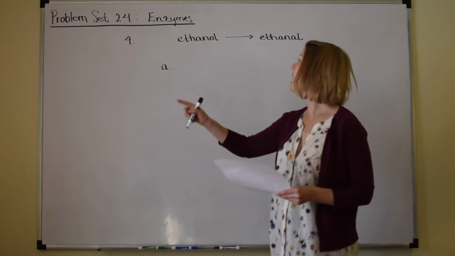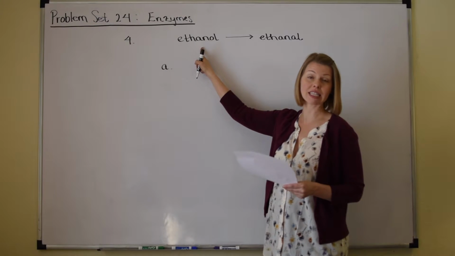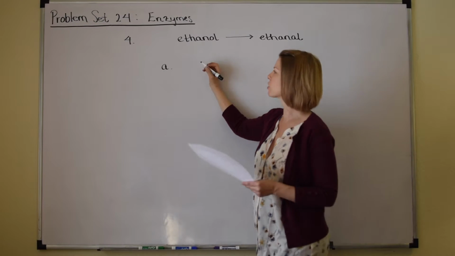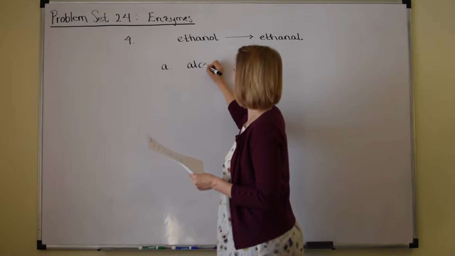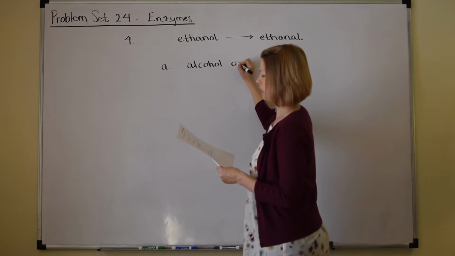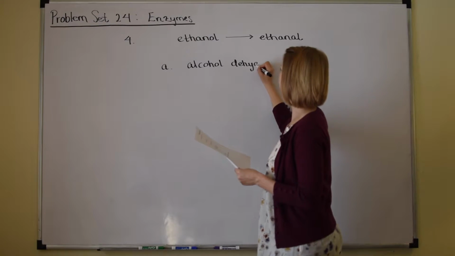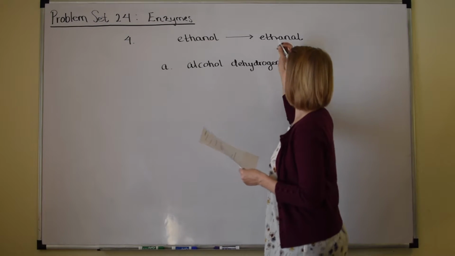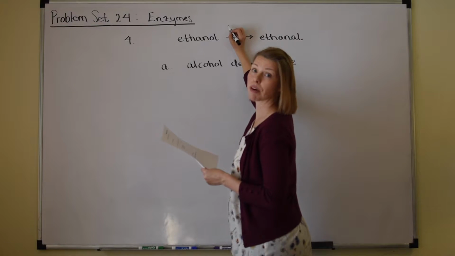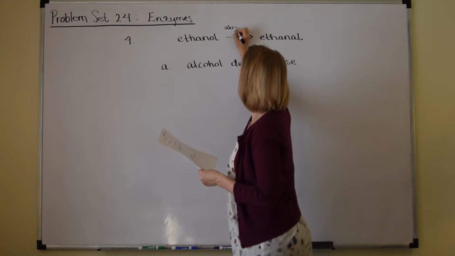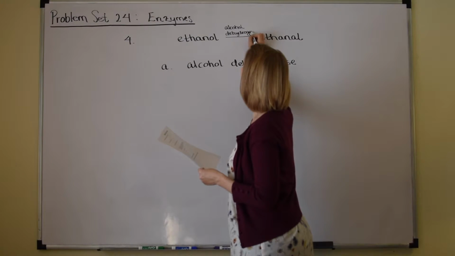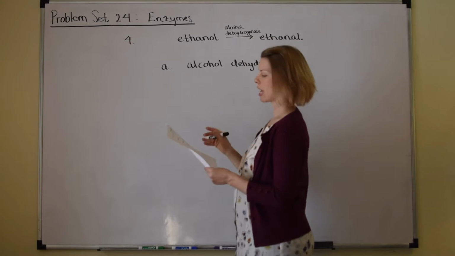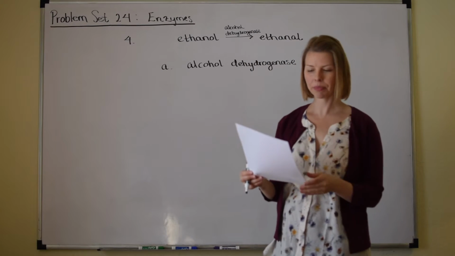It's going to act upon an alcohol, in this case ethanol. So the answer to A is alcohol dehydrogenase. I'm going to write it above the arrow here. Alcohol dehydrogenase. This reaction requires that enzyme.